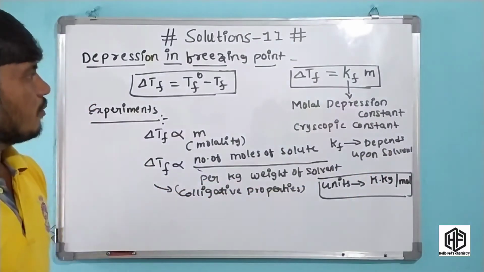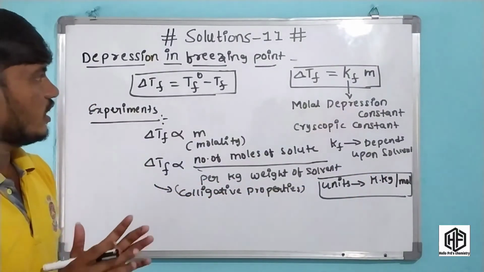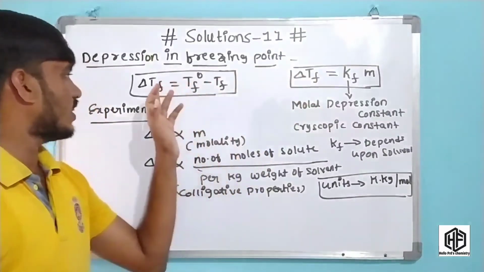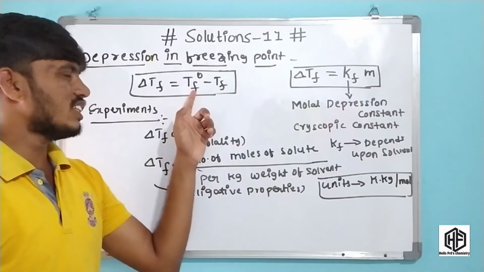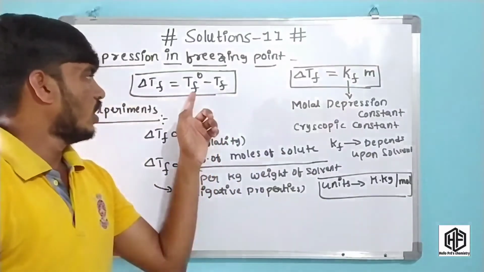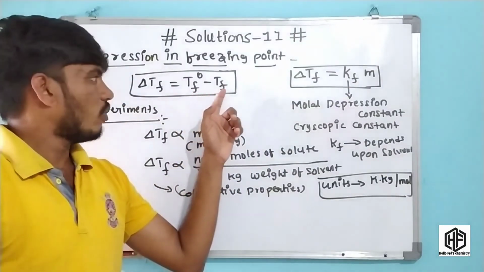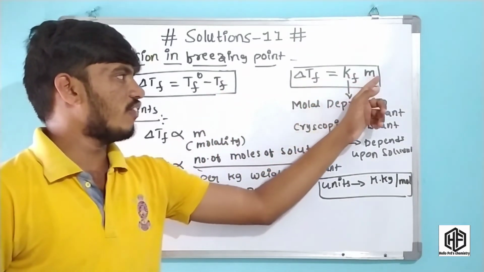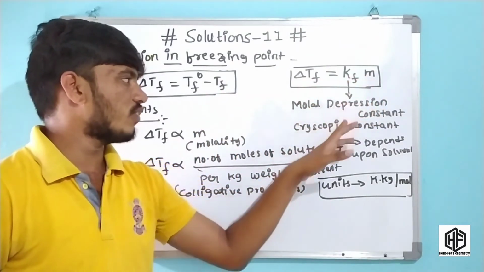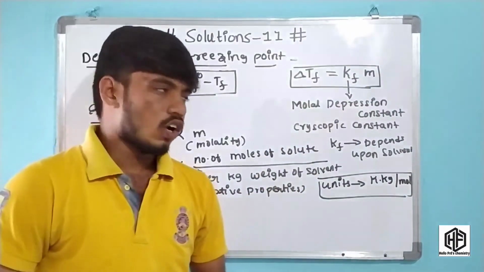These are the important formulas for depression in freezing point. First, ΔTf is equal to Tf0 minus Tf, the freezing point of pure solvent minus the freezing point of solution. Then ΔTf is equal to Kf into m, where m is the molality and Kf is the molar depression constant.